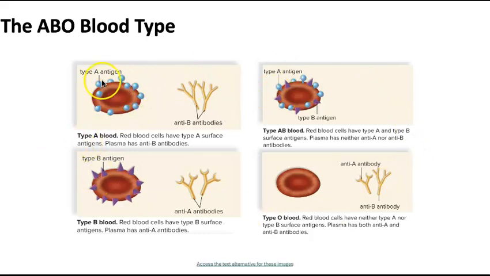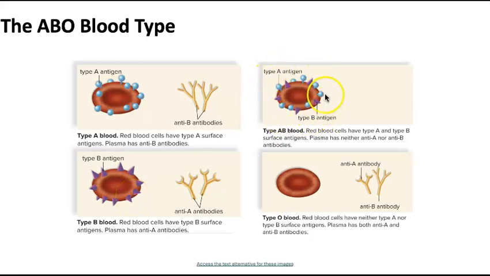Now I know we talked about the antigens that we find on type A blood, type B blood, AB blood, and O, but now let's talk about what type of antibodies each of these people make. If you have type A blood, then you are going to create anti-B antibodies because those antigens are not present on your cell, so your antibodies will not attack your red blood cells. If you have type B blood, you will create anti-A antibodies since you don't have A antigens on your red blood cells.